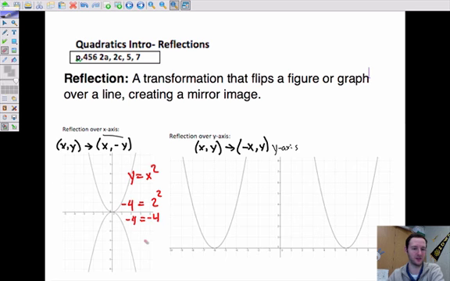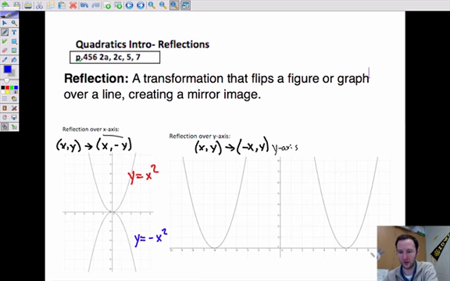And so that's all you're going to do for the equation, is put a negative right there in front of x squared. So there's the parent function. If I reflect it over the x-axis, this is now y equals negative x squared. Okay. If I reflect over the y-axis, then we said our rule was that I am changing the x-coordinate and leaving the y the same.